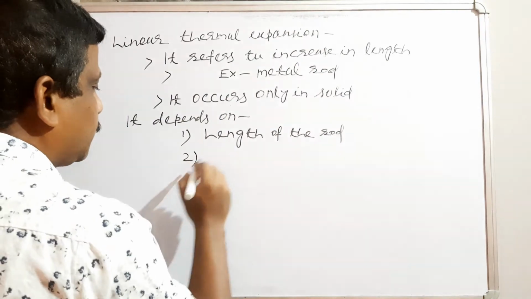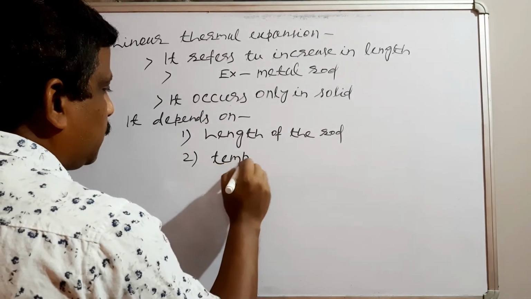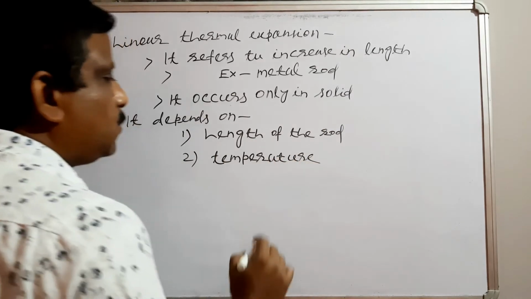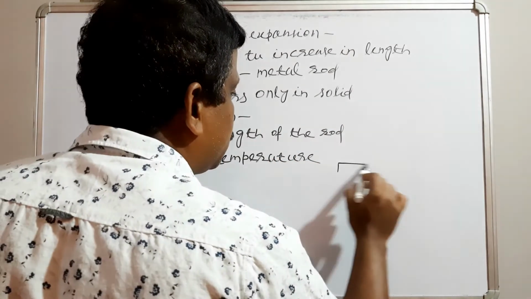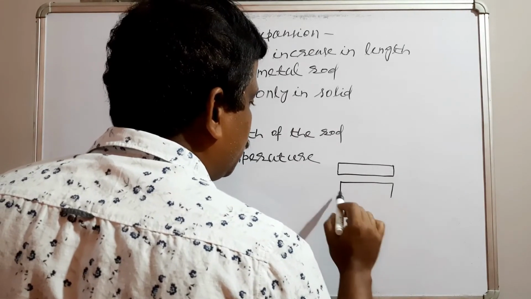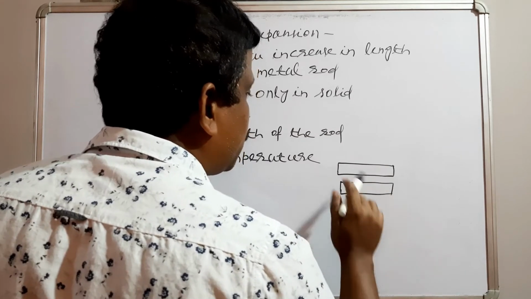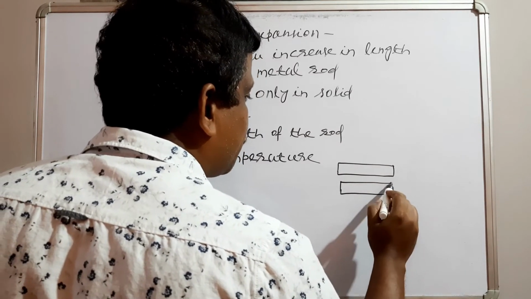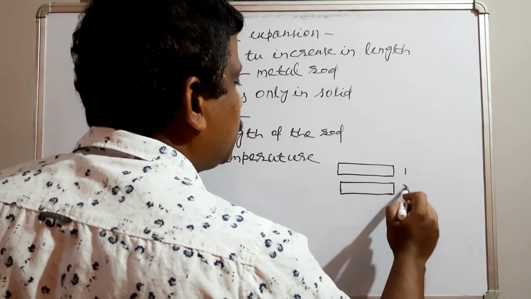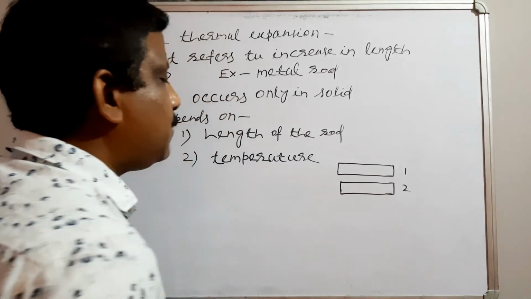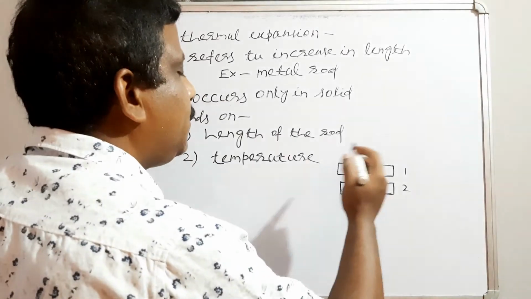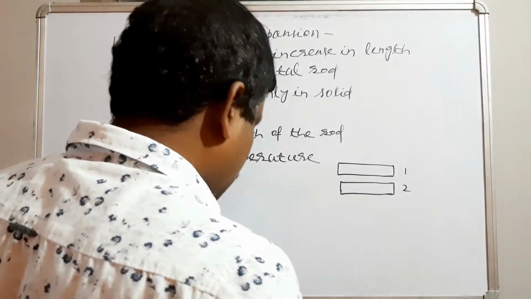temperature. Suppose this is one metal rod and this is another metal rod, both of the same length and made of the same metal, but we are giving different temperatures.